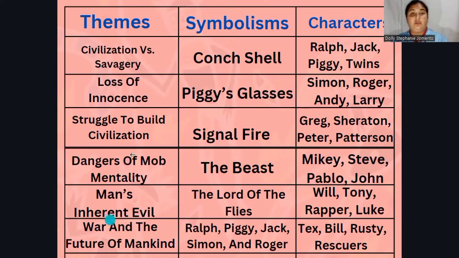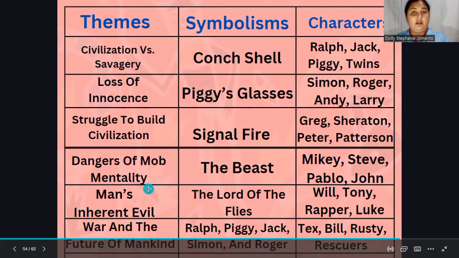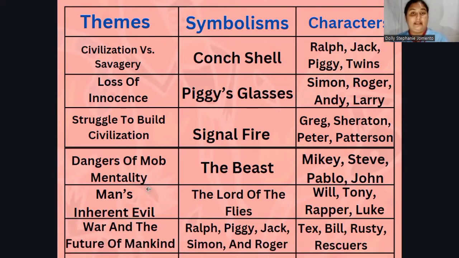So next is war and the future of mankind. So set during a global war, Lord of the Flies offers a view of what society might look like trying to rebuild after a large-scale man-made catastrophe. In their attempt to rebuild society, the boys cannot agree on a new order and eventually fall into savagery.